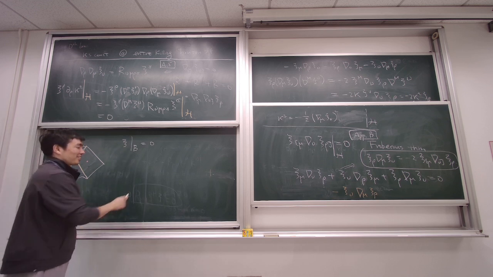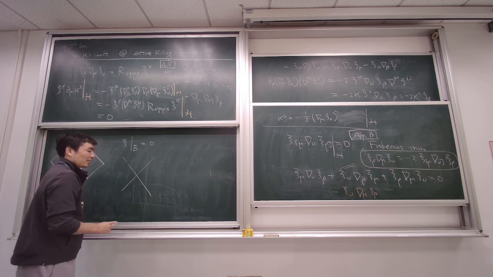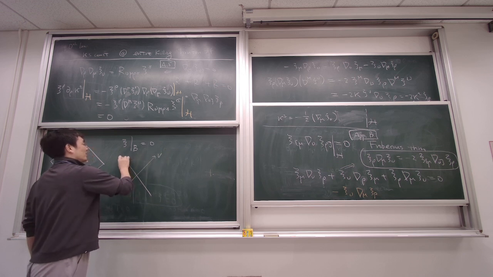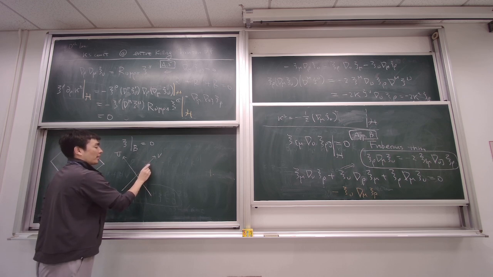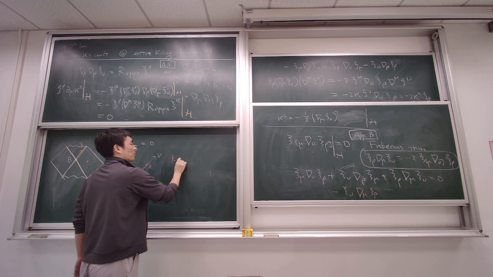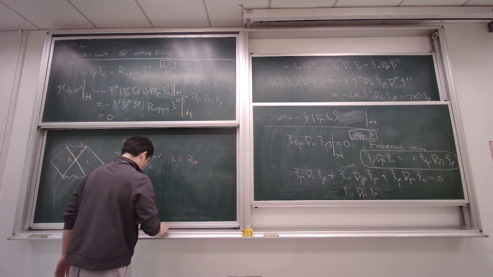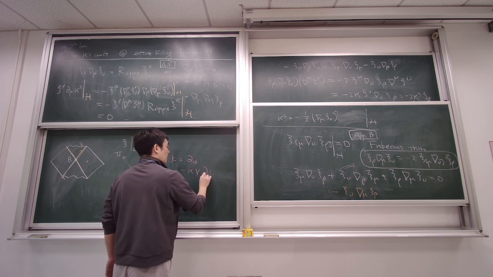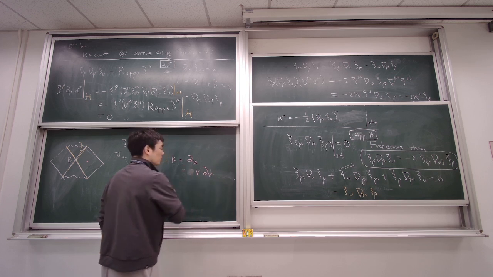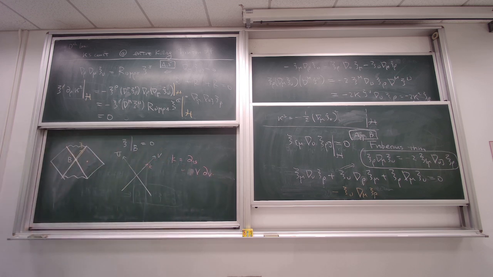So we learned from linear space that this is B and this is U. And then the affine parameter, K is always given by small b, kappa b del b. No, what am I doing?